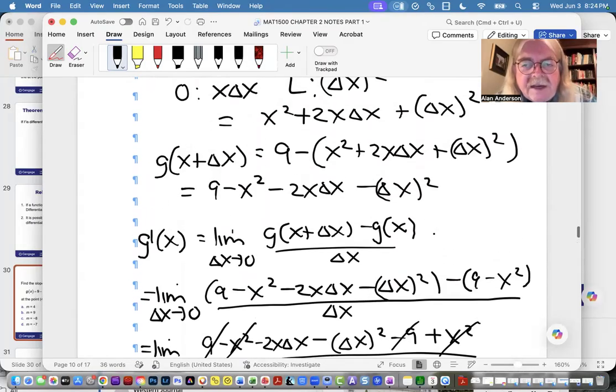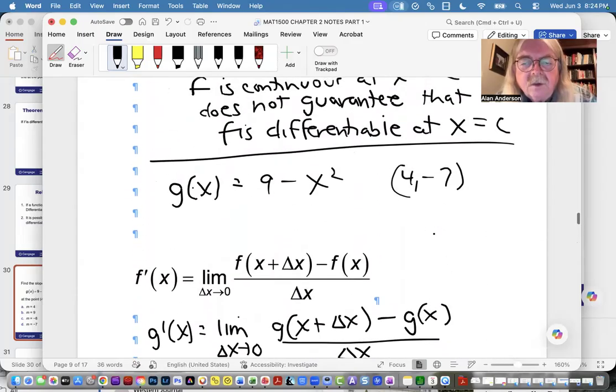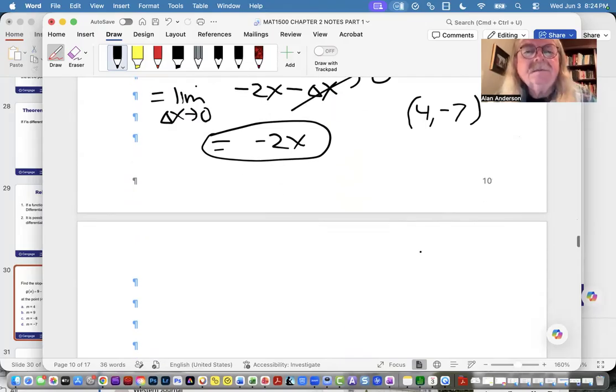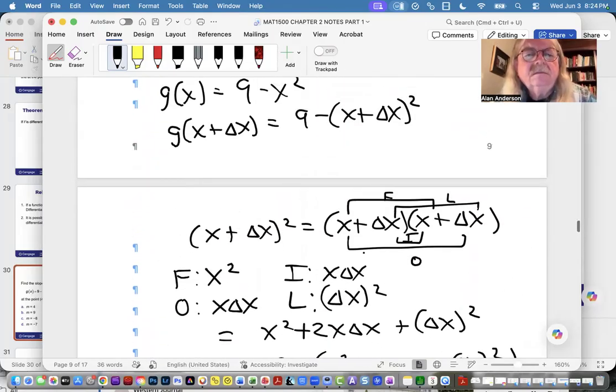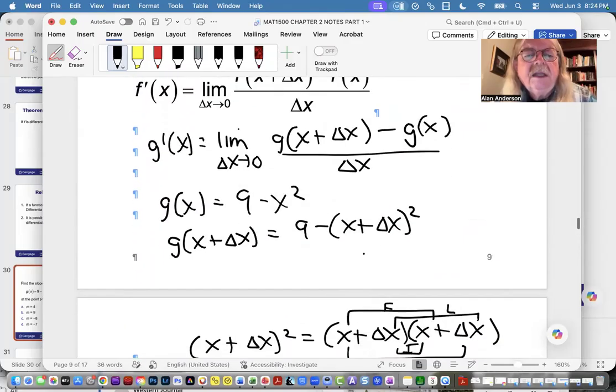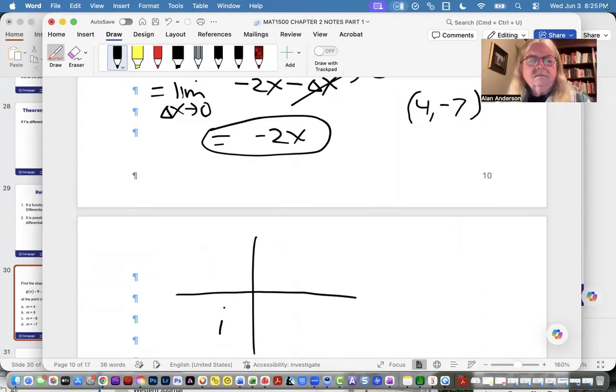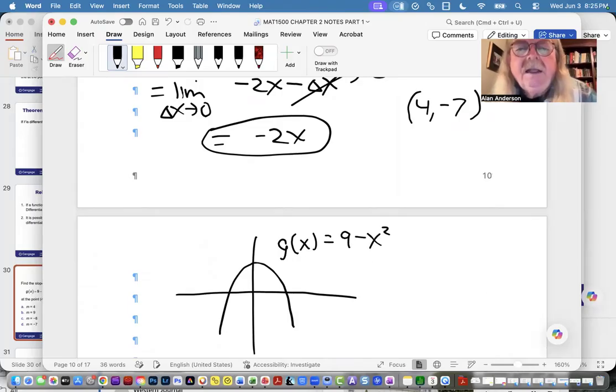But because they're specifically after the point 4 comma negative 7, the original function is going to be a parabola, and the point that we're after, 4, would be maybe here.